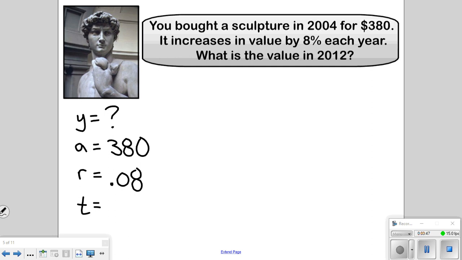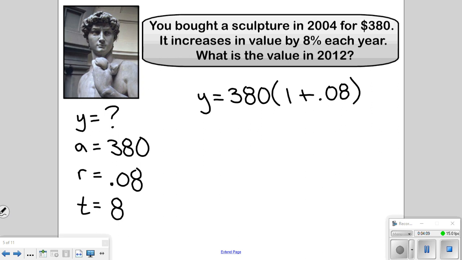That would be 8 years. All I have to do now is plug it into my equation. So I say y equals 380 times 1 plus, because I am doing growth, my rate of 0.08, and I'm doing that for 8 years.